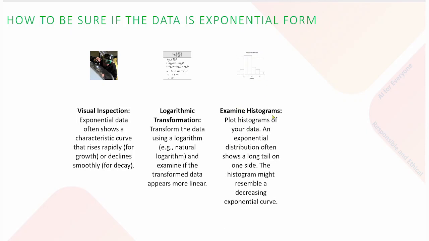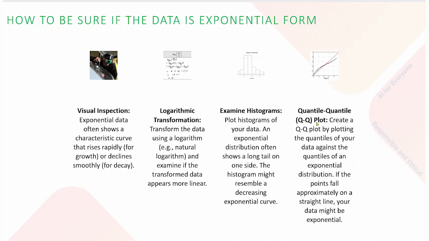You can also examine the histogram. If you have a long tail on one side, that means it is exponential in nature. You can also do a QQ plot of the exponential quantiles along with the actual data, and if they match, that means the data is exponential in nature.